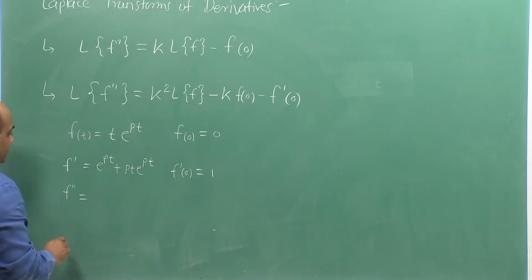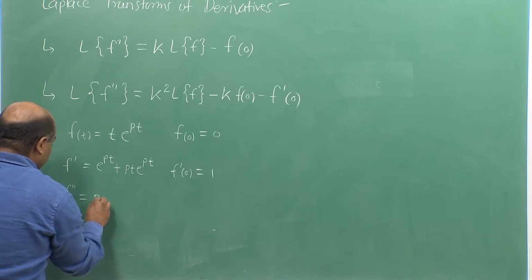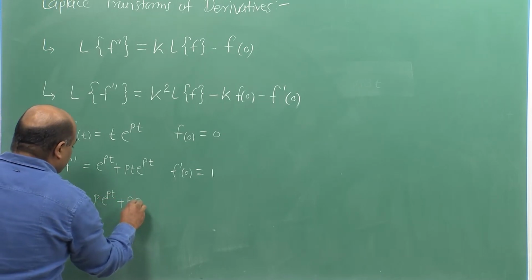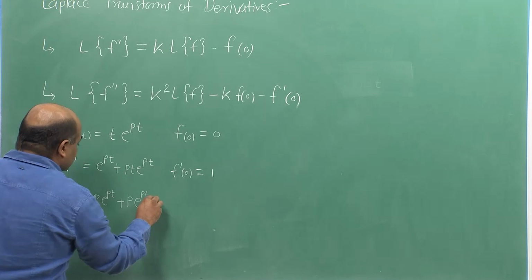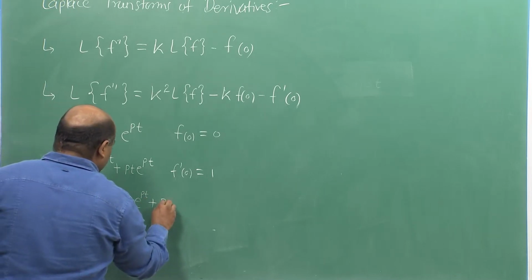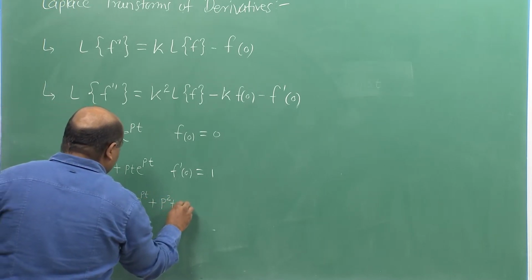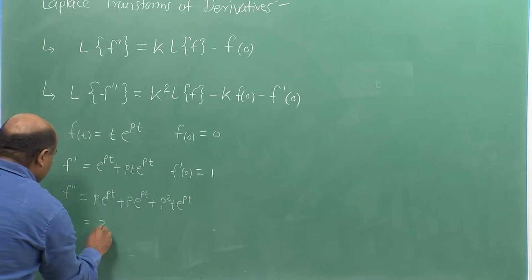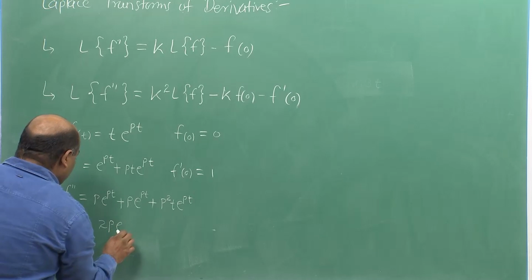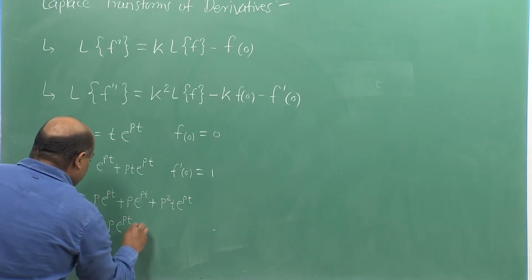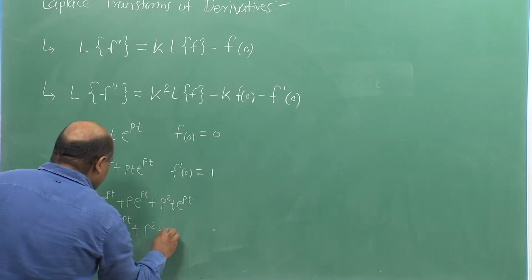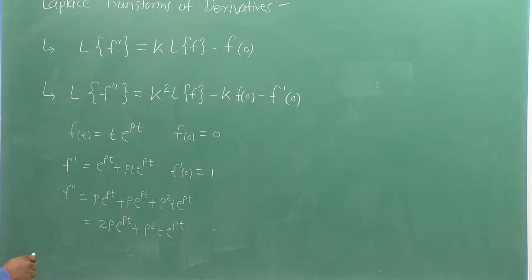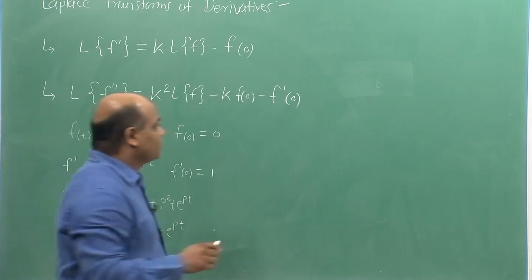And f double prime will be p times e to the power pt plus p times e to the power pt plus p square t e to the power pt. So, this should be equal to 2p e to the power pt plus p square t e to the power pt.